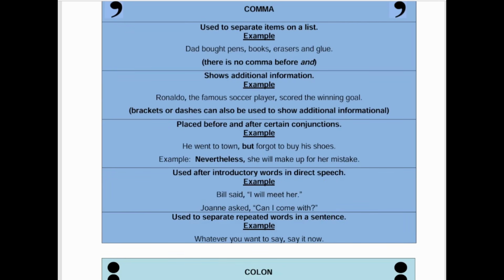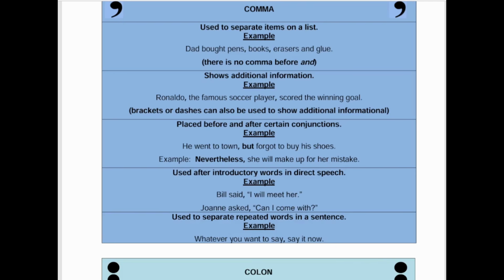Example, Bill said, "I'll meet her." We find that after the word said, there is a comma. John said, "I'll go to the market." There is a comma after the word said.